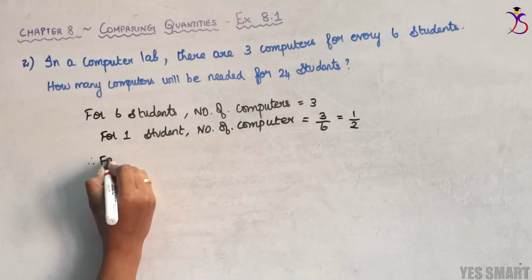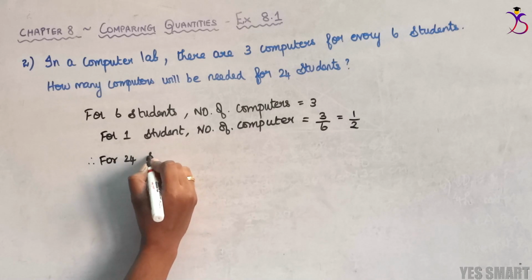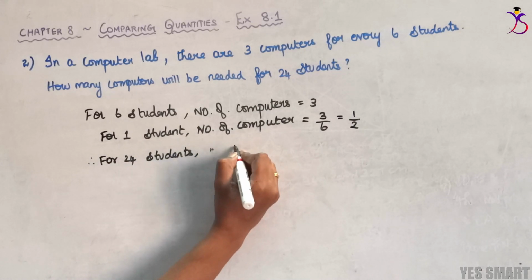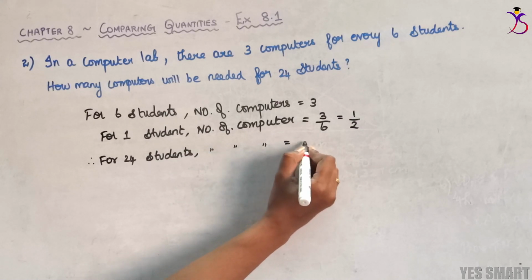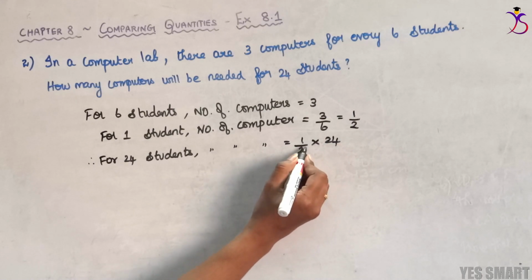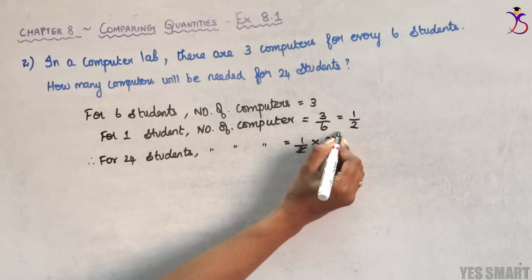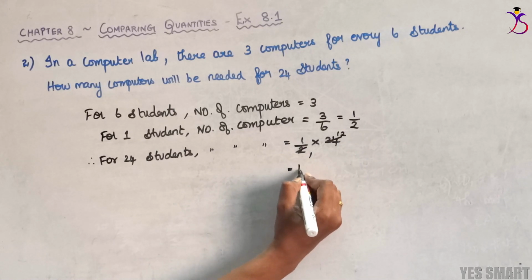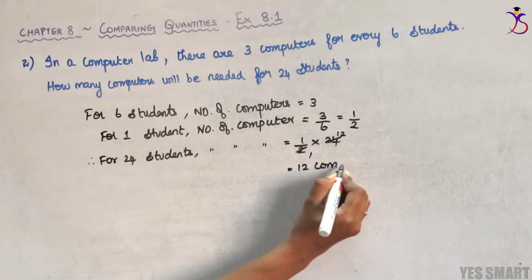Therefore, for 24 students, the number of computers equals 1 by 2 into 24. 2 12s are 24, which is equal to 12 computers.